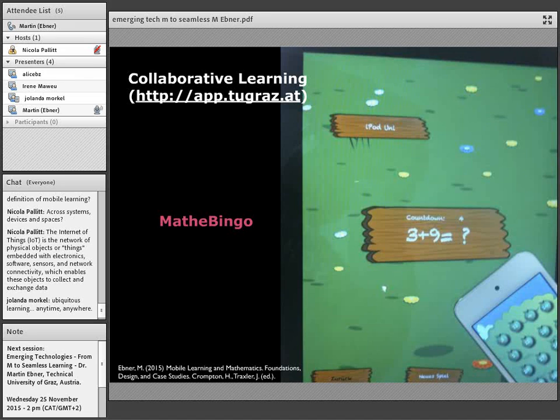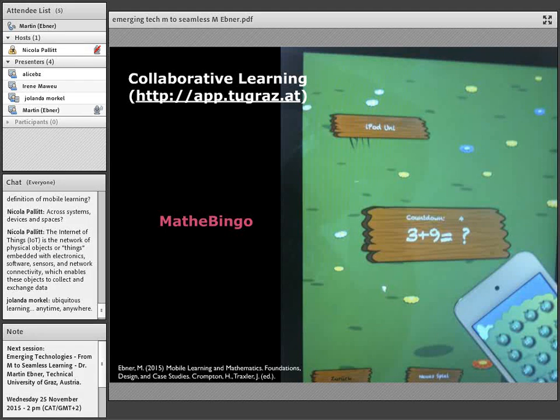Then, on the part of collaborative learning: collaborative learning is not only learning human with human, but human with device together with human and device. We have to think in different ways about what happens when we begin to connect the devices. One of the first prototypes was this math bingo.